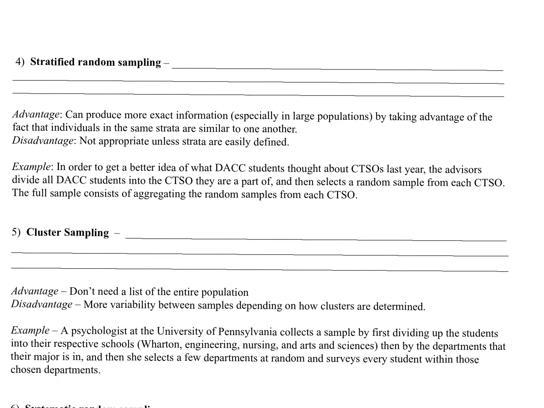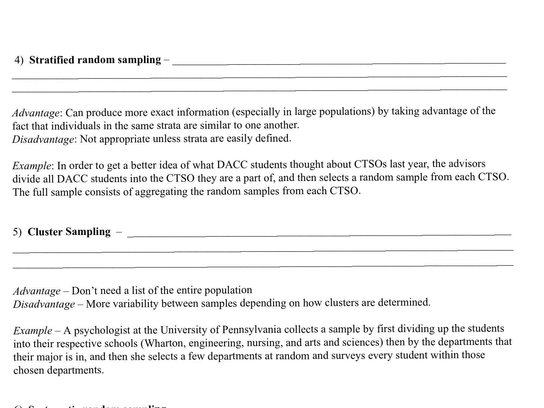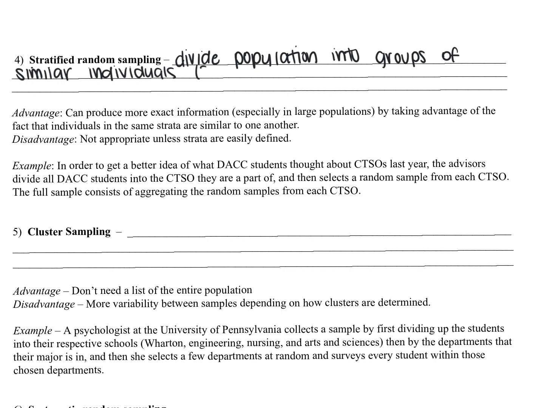The next two are very, very similar methods of sampling. So it's very easy to get confused about the distinctions between the two. The next one is something called stratified random sampling. So what you do is you divide your population into groups, specifically groups of similar individuals. These groups are called strata, so that's where it gets the stratified name.